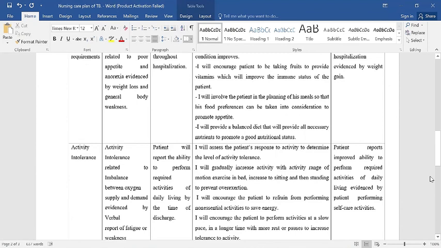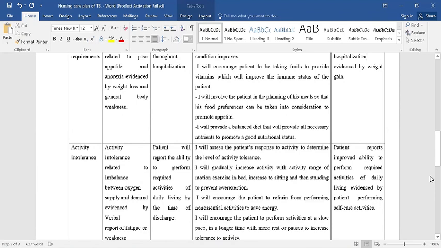Then we look at our evaluation. Our evaluation is patient reports ability to perform required activities of daily living, evidenced by patient performing self-care activities.